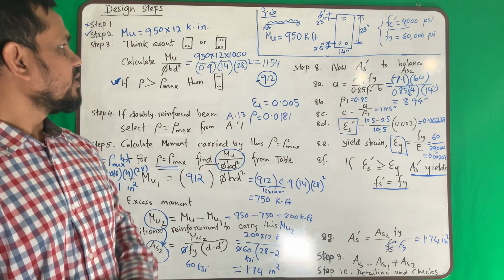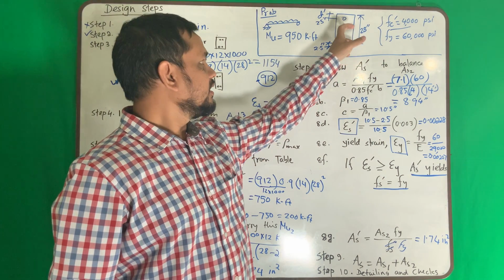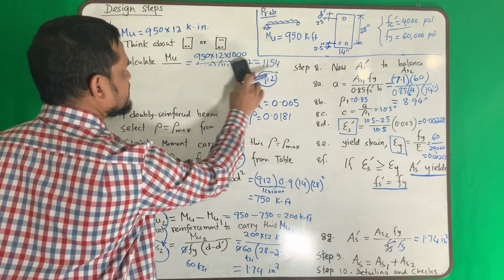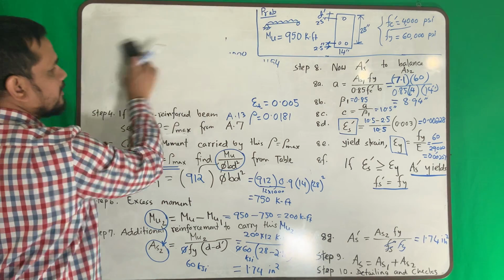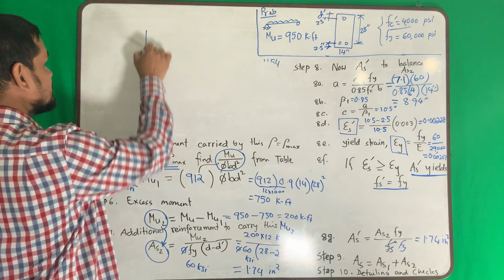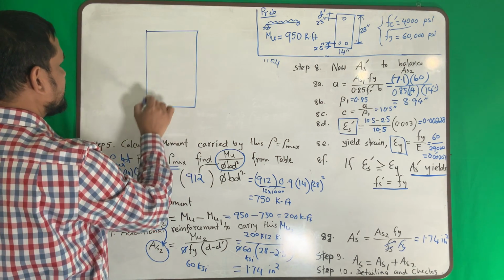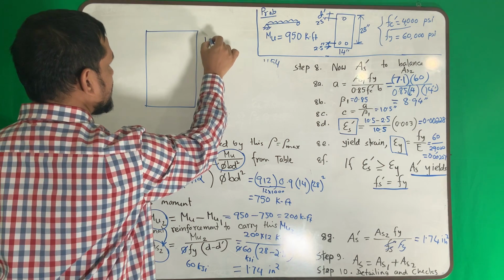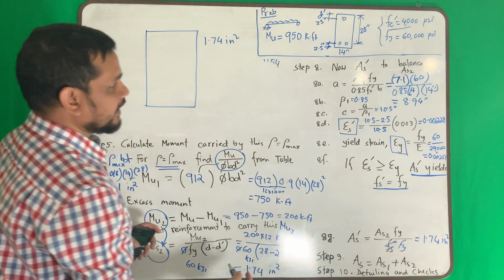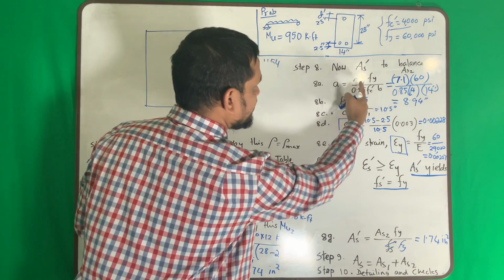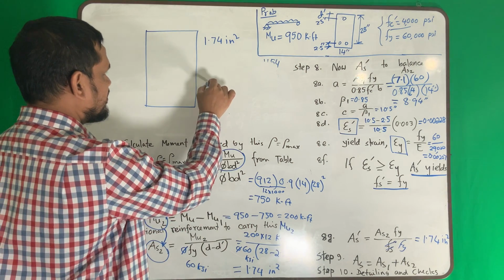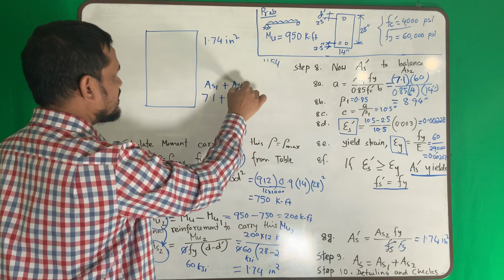How? We got our reinforcement in tension zone and in compression zone. So if I draw somewhere, say here, if this is my beam, my reinforcement here is 1.74 inch square. My reinforcement here will be AS1 plus AS2. AS1 is 7.1 plus AS2, 1.74.